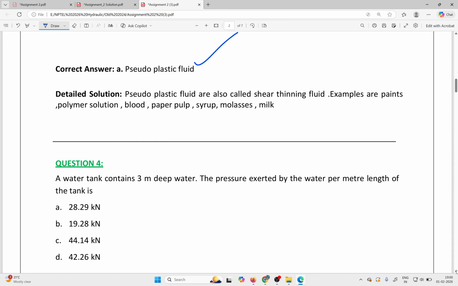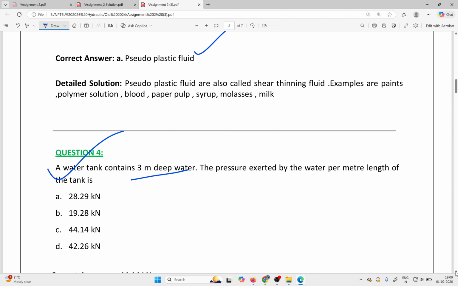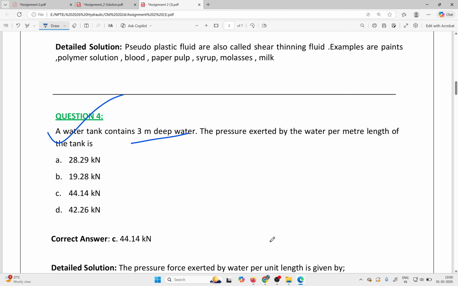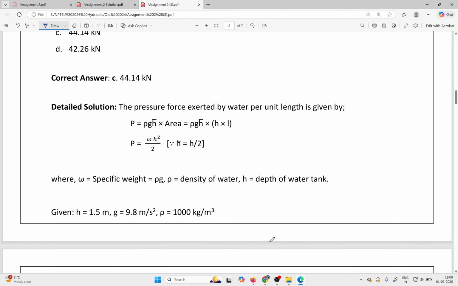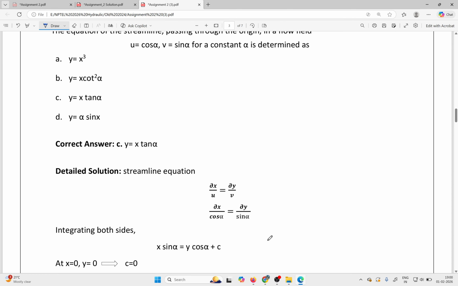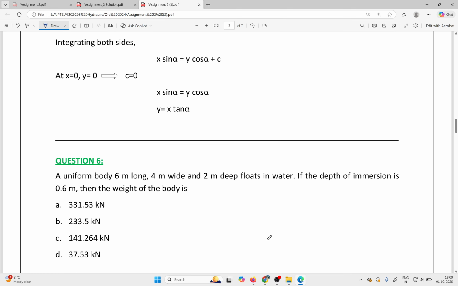Next question, a similar question we have solved already. The tank contains 3-meter deep water. The same question, please. Next one, question 5, similar question. Question 5 also. Question 6, yes, similar question. Here it is 4-meter wide and 2-meter deep, instead of the initial 3-meter, 2-meter, and 1-meter.